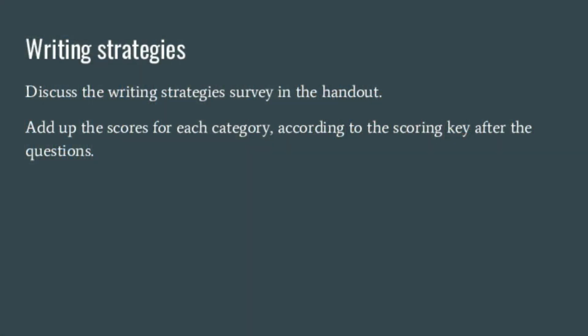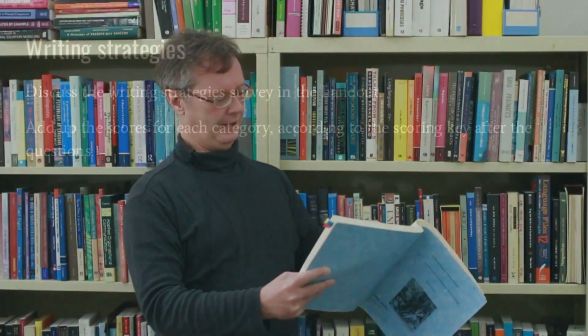For each question you fill in a blank, from 1 for strongly disagree to 5 for strongly agree. Fill these out, 1 to 5, and wait before you add them all up. After you've finished, here in section 3.3.1 is a scoring key.